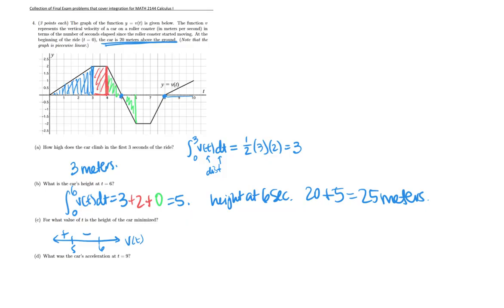And then gaining height from 8 to 10. So that means that the position of the car is going to be increasing, then decreasing, then increasing again. So it would be minimized whenever, oh sorry, that's at 8, not 6. So it's 0 at 5 and 8. So the height is minimized at t equals 8 by the first derivative test.